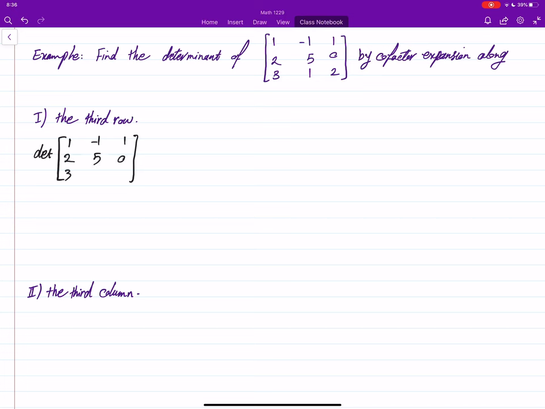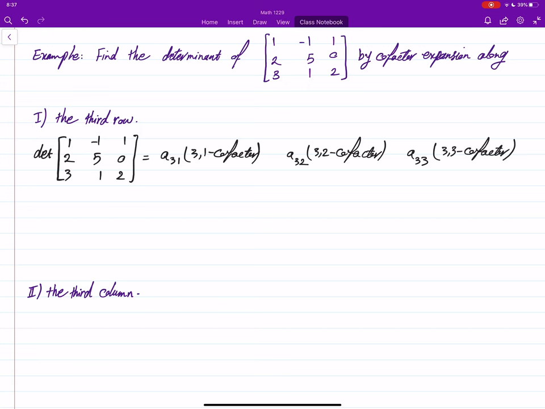So this is 3, 1, 2, the third row. For the third row, remember that we write the third entries of the third row multiplied by the corresponding cofactors. This is the 3, 1 cofactor, and the 3, 3 cofactor, and then add them.